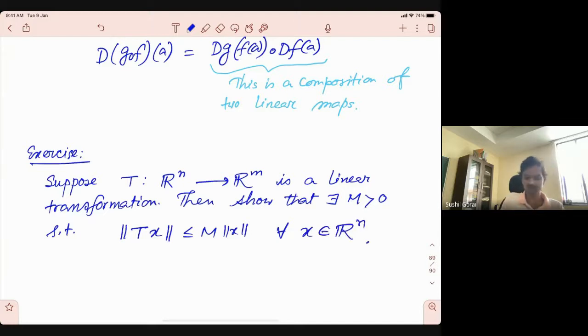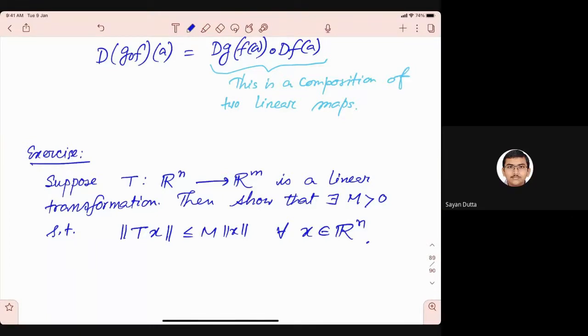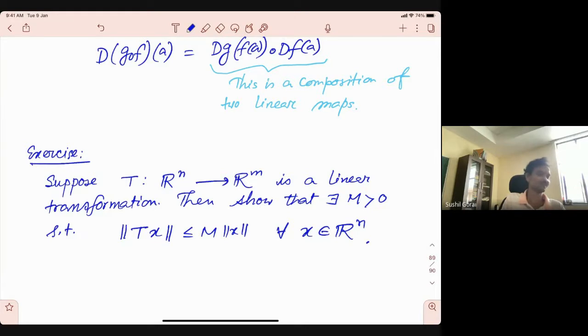Have you seen this exercise? I don't think so. Then it will be a good thing to do. You know how you represent a linear transformation in terms of a matrix, right?